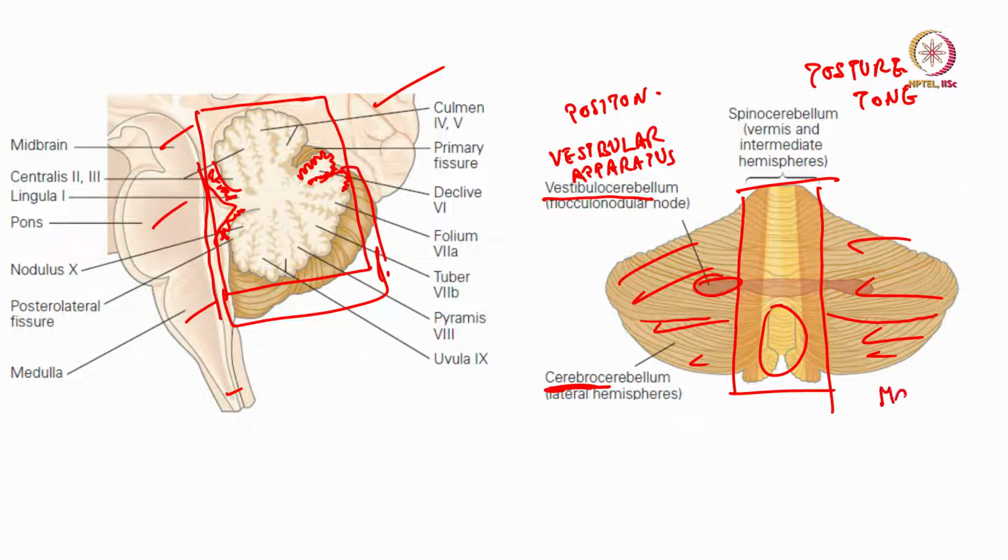This is for movement control. Control can be anything, hand, speech, leg, all those things; movements of various kinds are controlled by the cerebellum, and we have been able to demarcate these locations to be responsible for these actions.